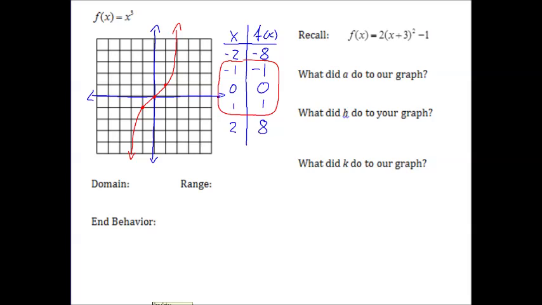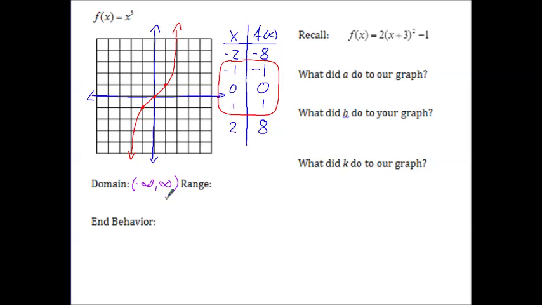Let's go ahead and find some of our function characteristics. The domain, well, if we see those two arrows that keep going forever, one towards the bottom left and the other one towards the top right, we can say that our domain goes from -infinity to +infinity. I'm writing this down in interval notation.